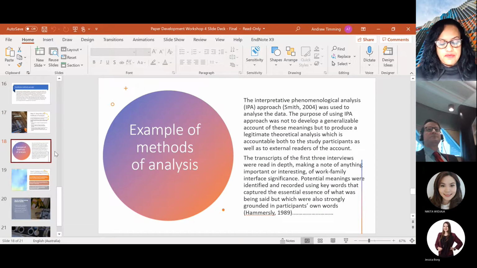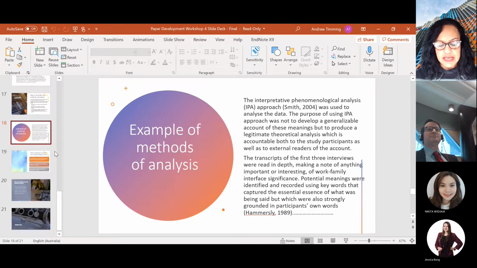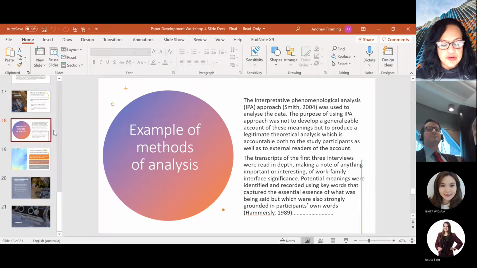The interpretative phenomenological analysis, IPA, was used in that particular study. And I've already kind of tried to create a justification for using it by saying that this approach was used to analyze the data. The purpose of using IPA approach was not to develop a generalizable account of these meanings, but to produce a legitimate theoretical analysis, which is accountable both to the study participants as well as to external readers of the account.